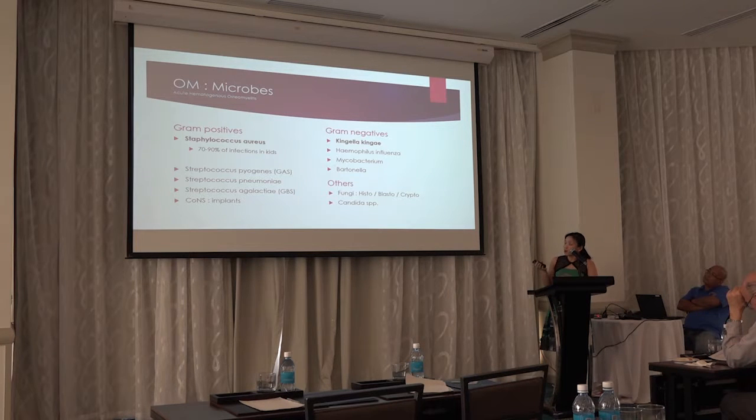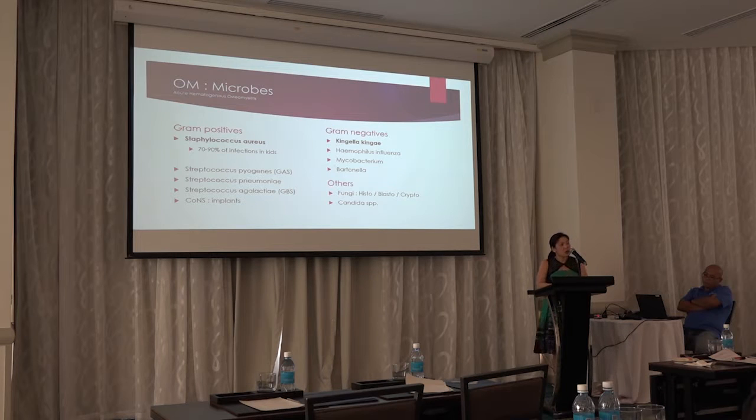my friends, usually for kids, the prime suspect is still Staph aureus in about 70 to 90% of the scenarios. Again, the difference lies in whether it's MRSA or MSSA, and later I'll go into that. There are also cases of Group A strep, strep pneumo, Group B strep, and then coag-negative staph.